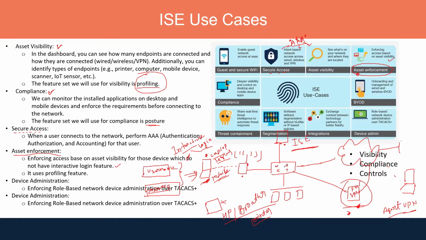Based on its response, it creates a profile for that particular device. So you can also use the asset enforcement feature in Cisco ISE for authentication of those devices which do not support interactive login.